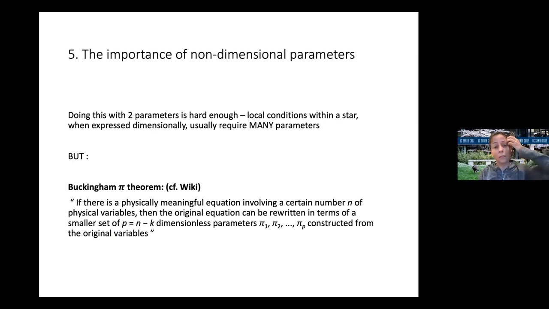So I illustrated this with two parameters, which brings me to the importance of non-dimensional parameters, right? Two parameters is already hard enough. And typically local conditions within a star, you have tons of parameters.